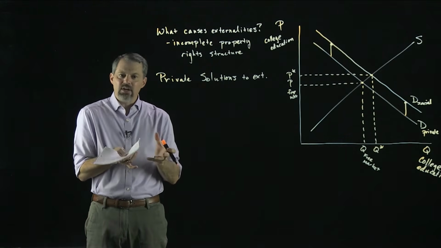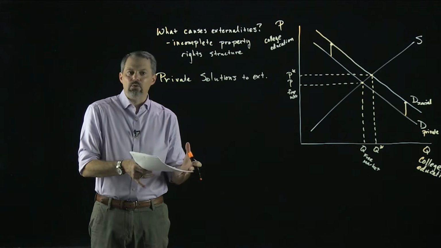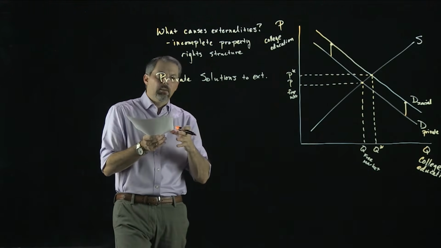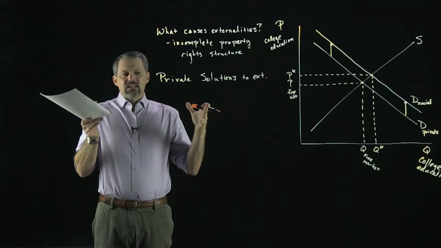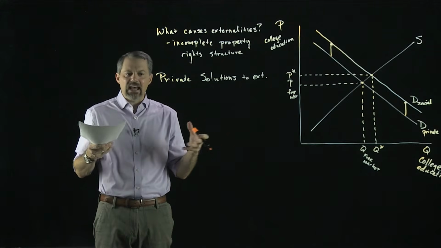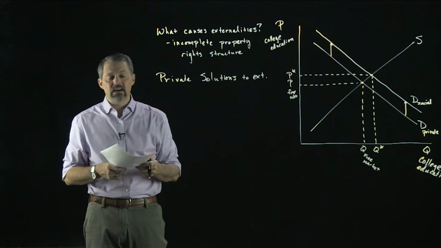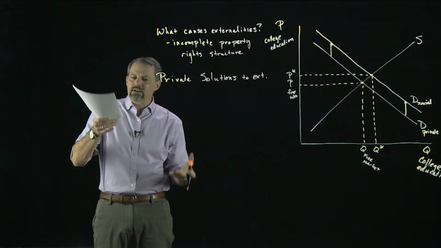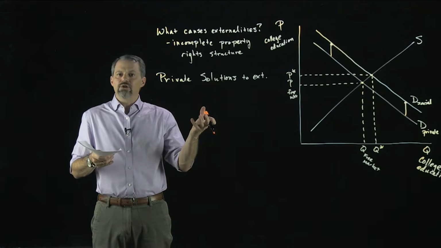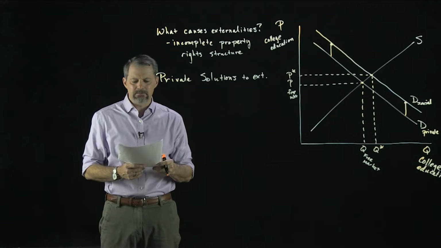And remember that production of that electricity is allowing people to heat their homes when it's cold, and allowing people to have lights, and it's allowing people to run, let's say, appliances in their house, all of those things that enhance people's well-being. But then there's this negative side effect, and that is that it's also creating some pollution. So we have to balance the good that we get from the things that we can use the electricity for with the bad that we get from production of the electricity.